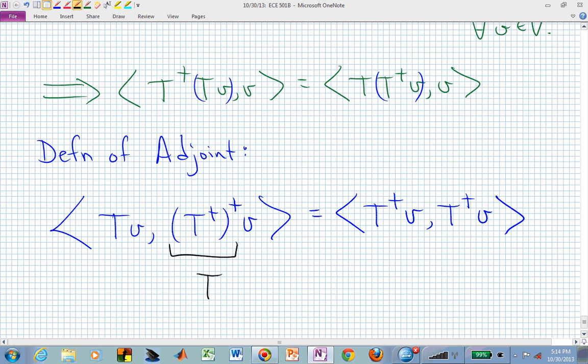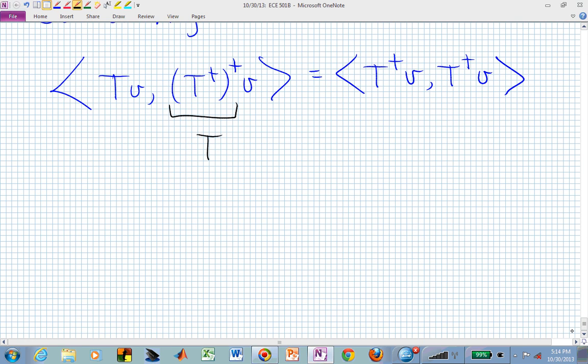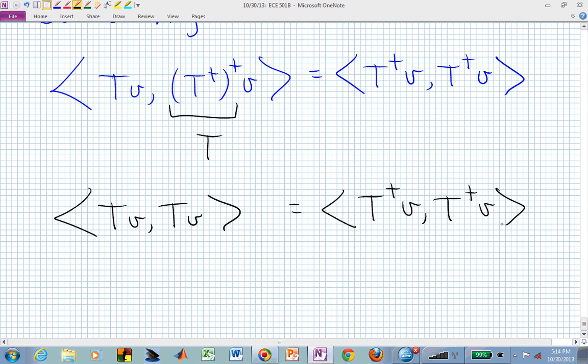That's just T, isn't it? When we take the adjoint of the adjoint, that's simply T. So that now I have, on the left-hand side, TV with TV. And on the right-hand side, I have T dagger V with T dagger V. And again, this is true for all V.